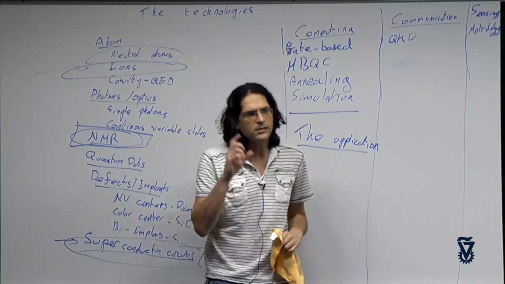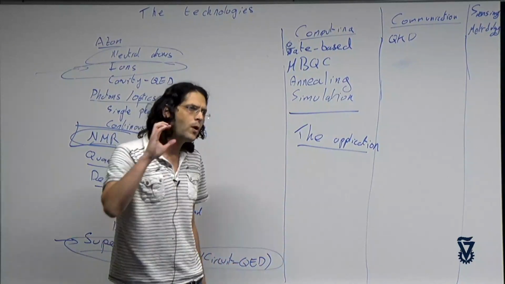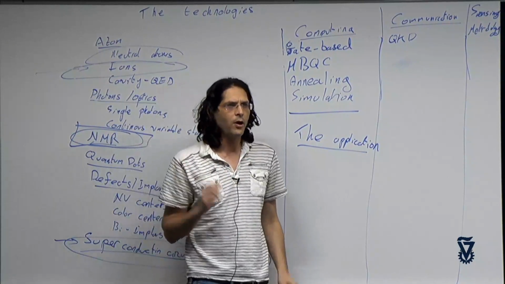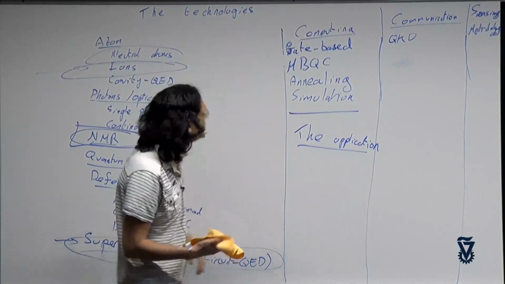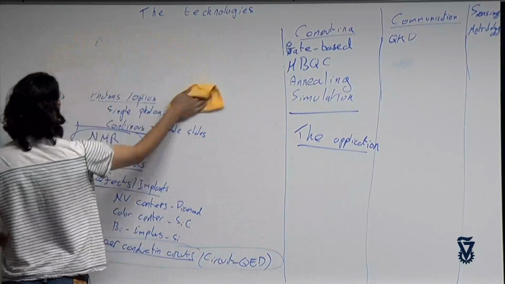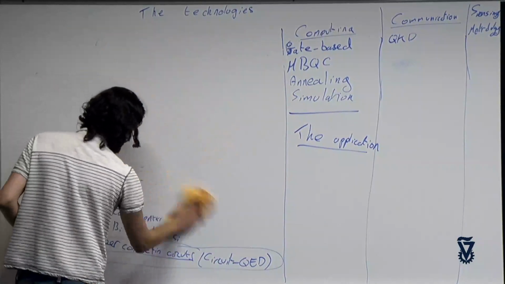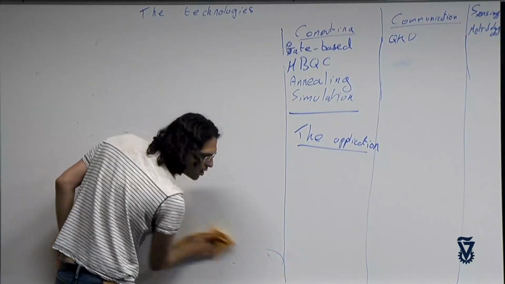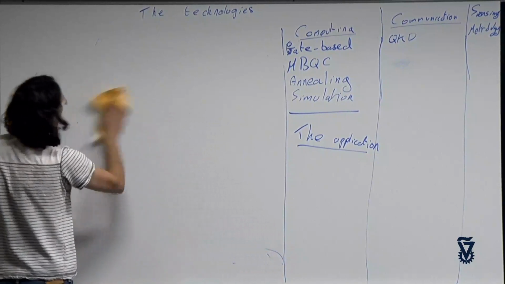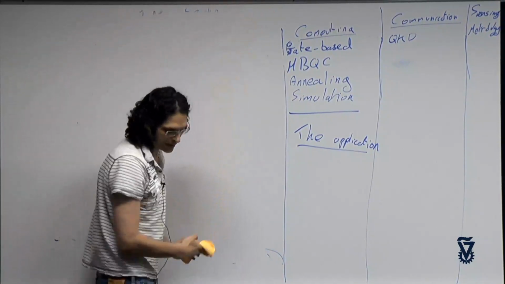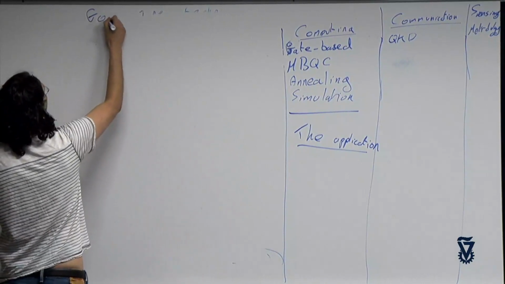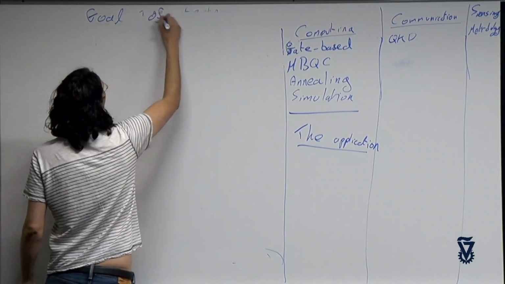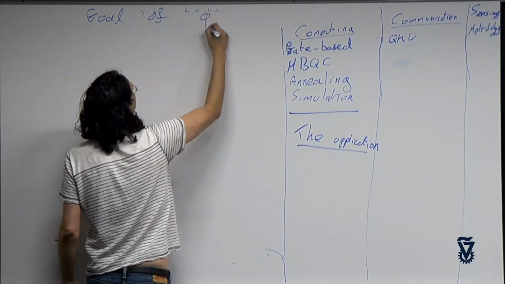And what I want to discuss briefly now is what is the goal of this quantum hardware, specifically maybe with focus on computing, okay? So I'm going to focus on the question of what do we require from certain hardware. So what is the goal of specific quantum hardware?